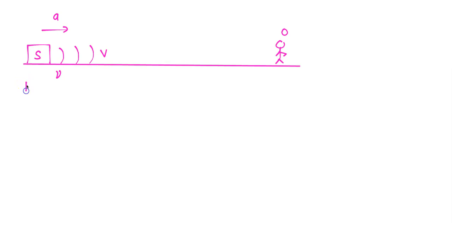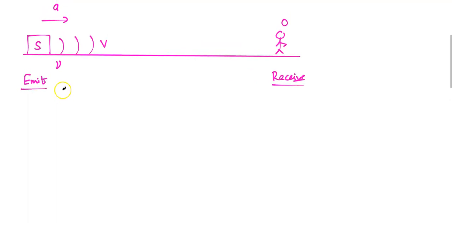So these are going to be the times at which the source is going to emit the waves, and these are the times at which the observer is going to receive these waves. Okay, so let's say the source emits the very first wave at t equal to 0.